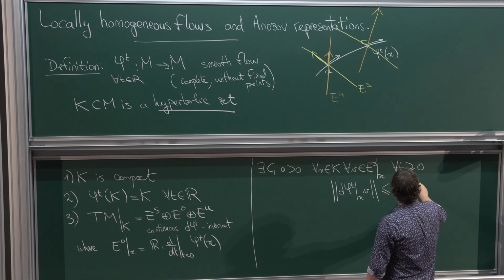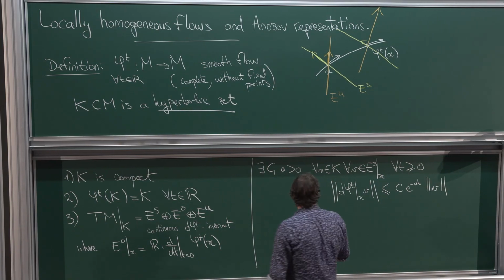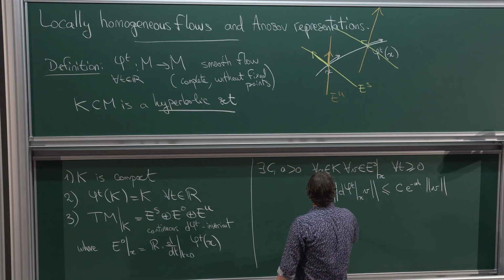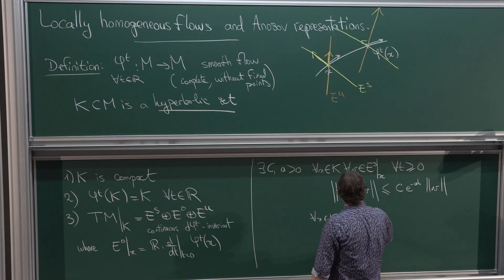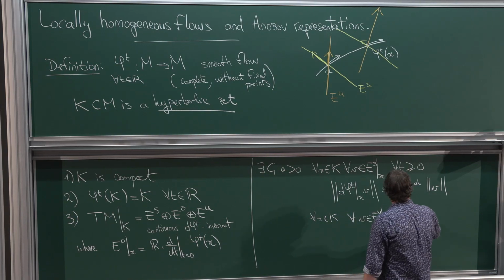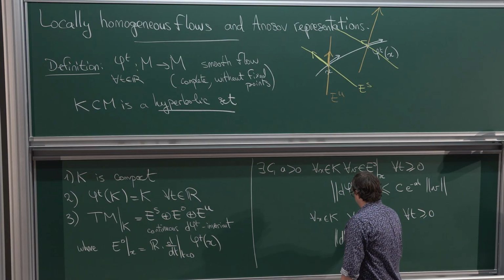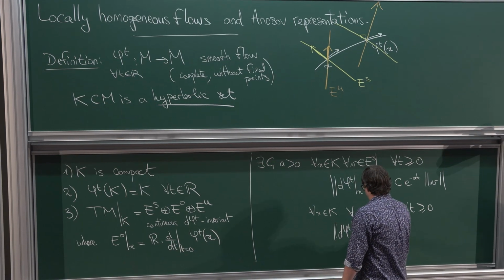It's an exponential contraction. And if you look at what happens to vectors in EU, it's the other way around. You apply the differential of the flow, and they become very long.